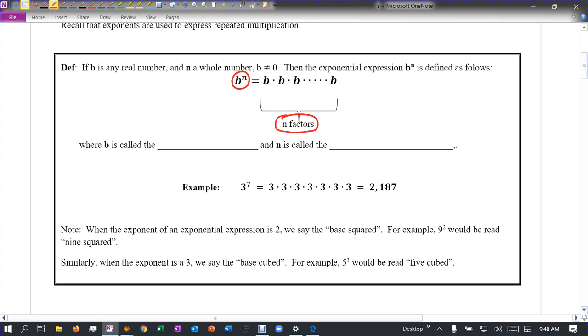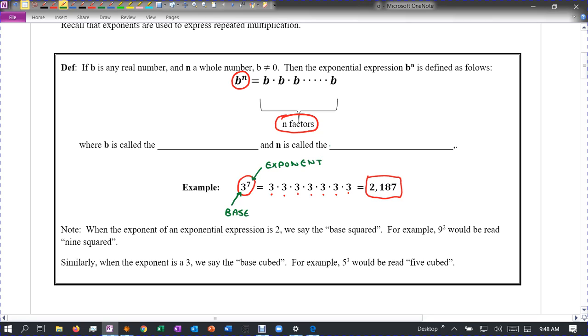So for example, if you write 3 raised to the 7th power like this, that just means multiply 3 times itself 7 times, and you get a result. And the language that we use here is whatever the base is, that number 3 is your base, and then the number on top here is called your exponent, which is why this section is called Exponents.